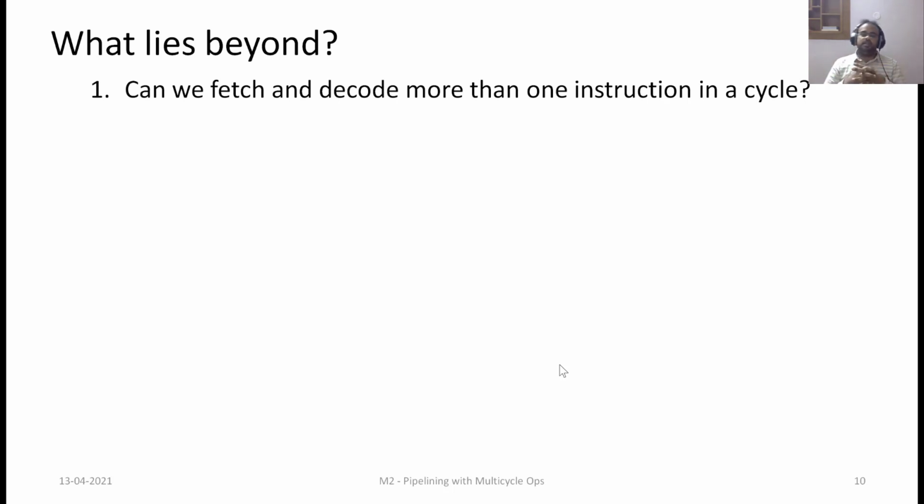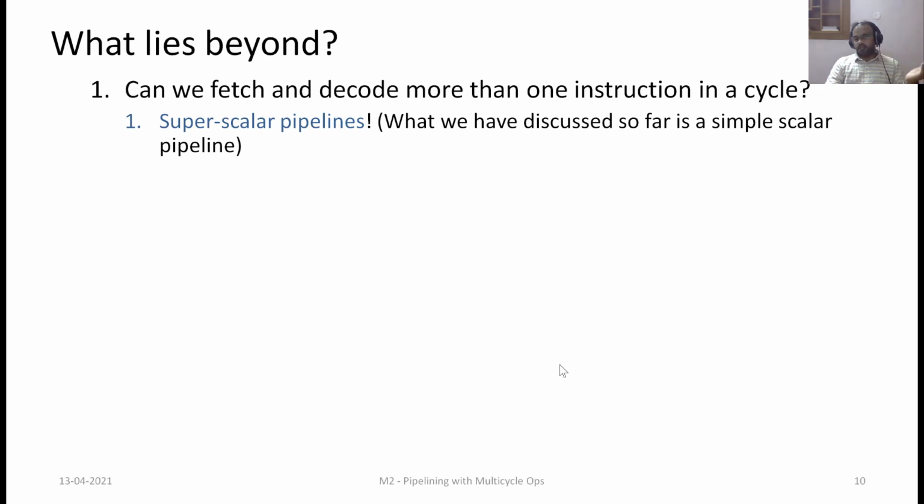The very first question that designers were asking was, can we fetch more than one instruction at a time? And is it possible to decode more than one instruction in a cycle? And the answer for that is the superscalar pipeline.